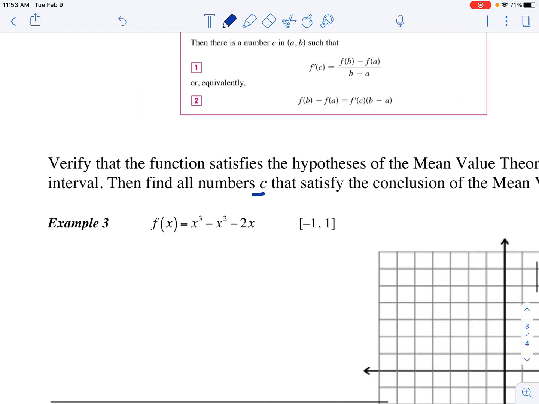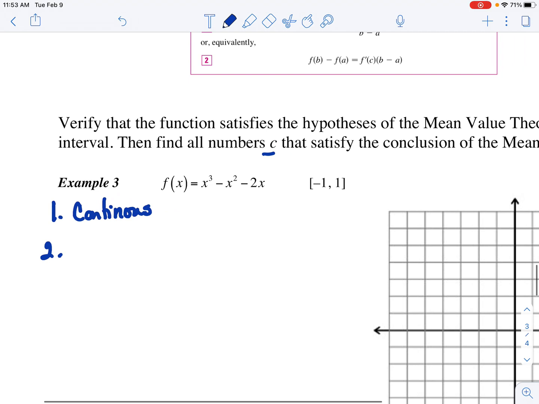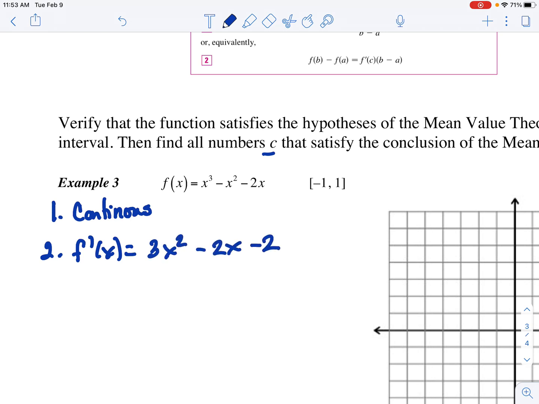So, looking at this, 1, this is continuous on this interval. 2, let's take the derivative of this: 3x squared minus 2x minus 2.